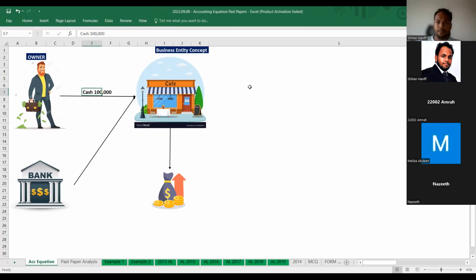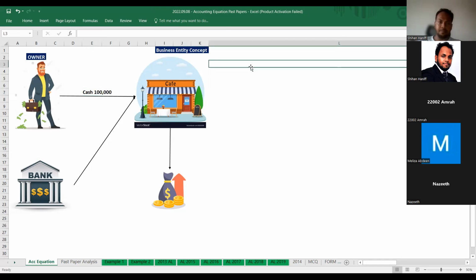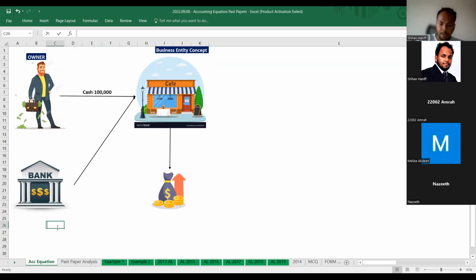So investment of capital is a transaction. That's the first transaction I have taken. So number one, the first transaction I'm taking here is introduction or investment of capital, 100,000.